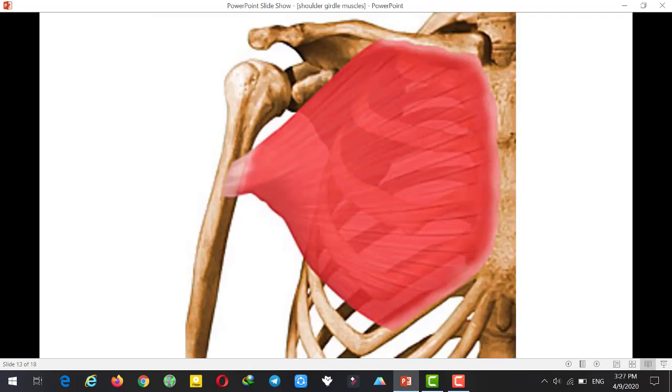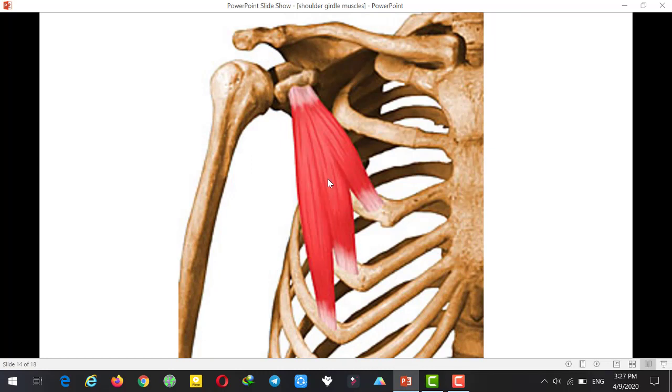Action: with serratus anterior, pull the scapula. Pull down the scapula and shoulder.